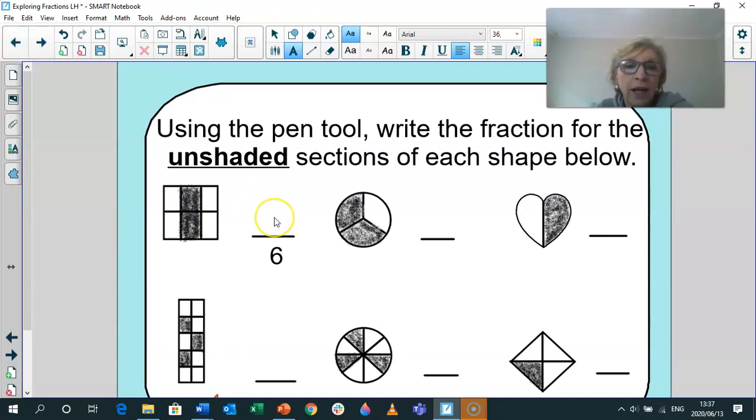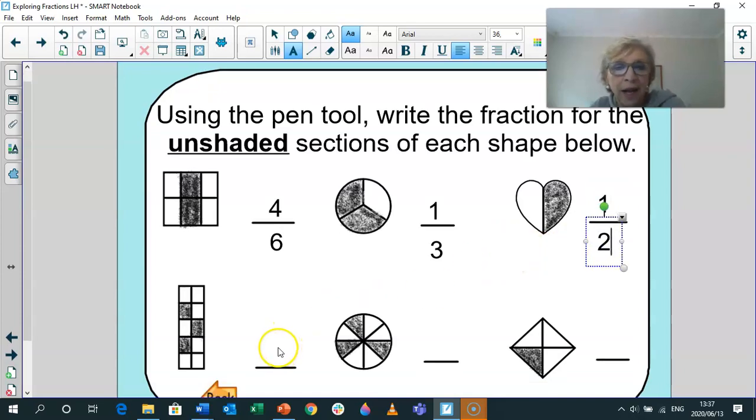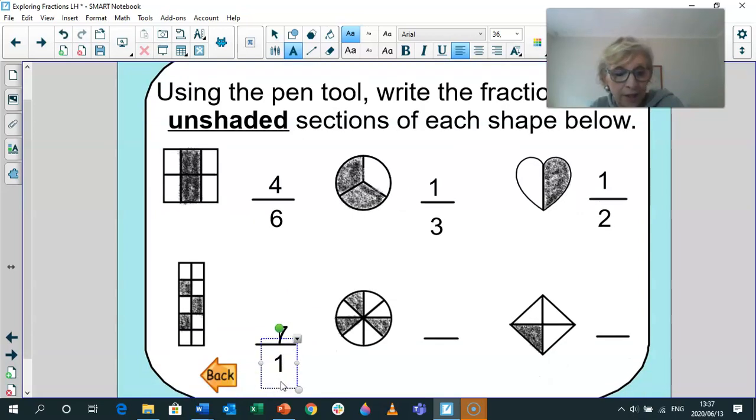All right, so here we go. Using the pen tool, write the fraction that's not shaded. Right, how many 6 are there not shaded? 4. Okay. How many pieces here are not shaded? 1 out of 3. Wow. How many are not shaded here? 1 out of 2. Fabulous. And what's not shaded here? 7 out of 10.